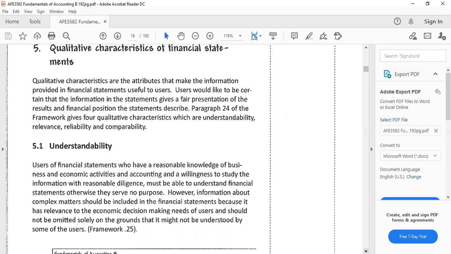Let me say you took a loan from the bank, but it's not even appearing in your financial statements. So it's already wrong. You cannot omit important information from your financial statements. Do you understand?